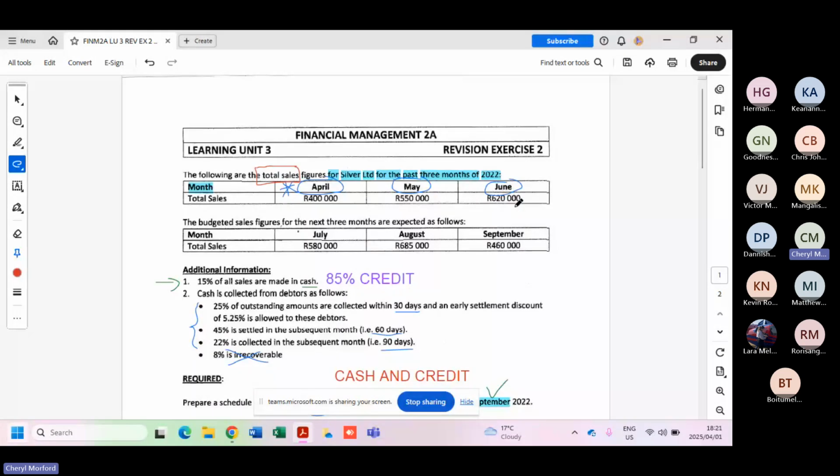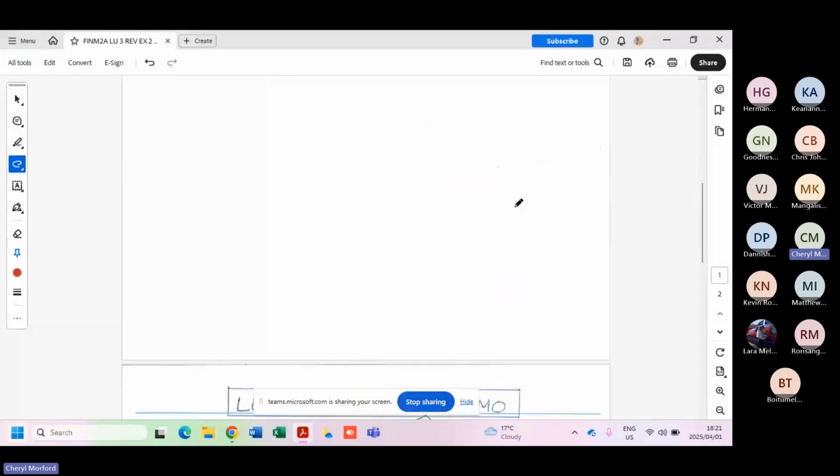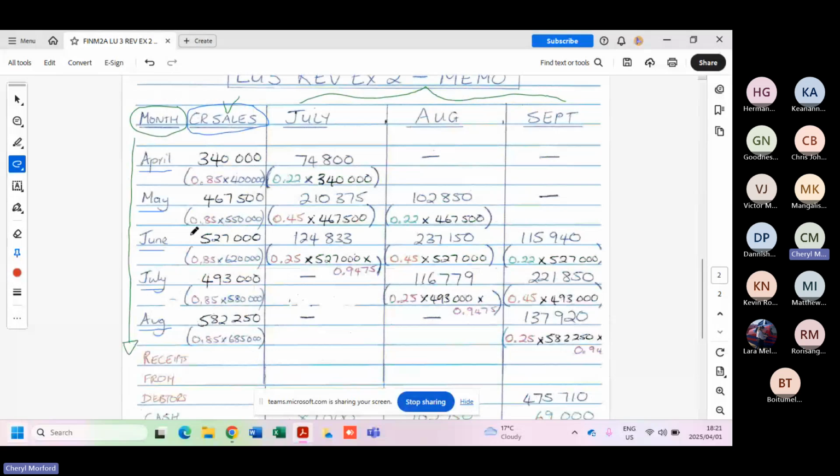Now we're going to have a look here. Notice my workings. It's all nicely color-coded. 85%, remember, 0.85 of what? The total sale for the month that we are talking about over there. And those amounts, we are just going to copy straight out from the table.